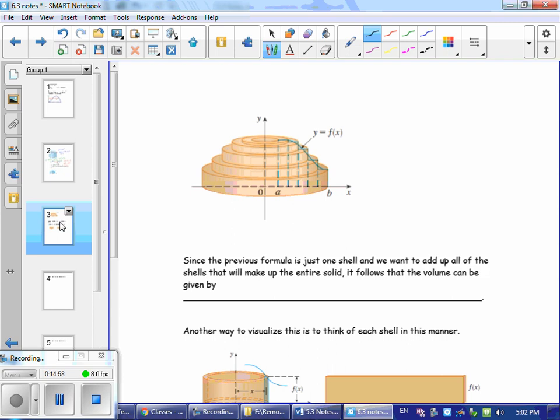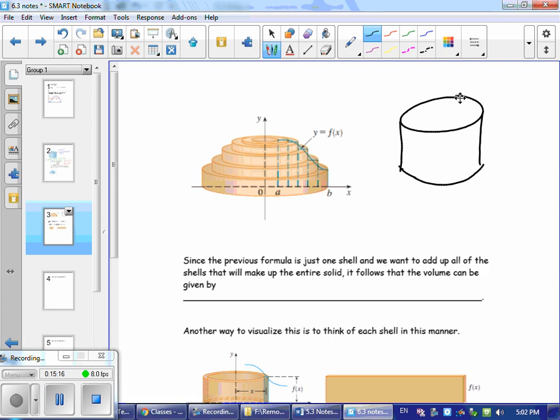So let me see if I can kind of sketch this. You can kind of see it here in this first drawing, but the idea is if I have a shell which is really thin, see how good I can do this. All right, so there's a cylinder. It is supposed to be a hollow cylinder.